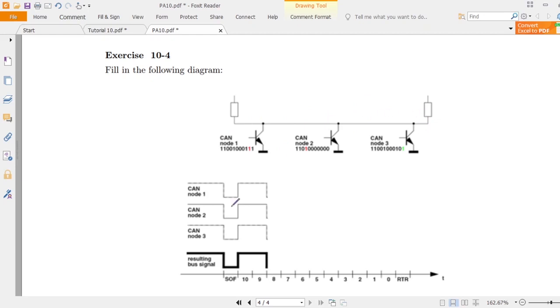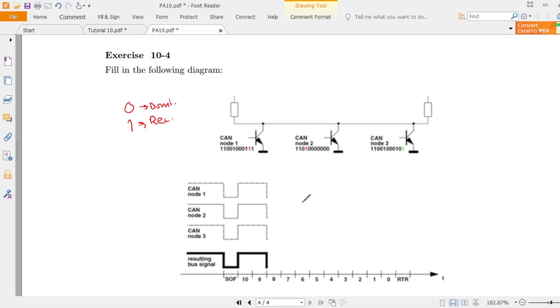So at the start of frame we have 11 bits until we reach the remote transmission request. In between we have a resulting bus signal from one of the 3 nodes, knowing that 0 is dominant and 1 is recessive, meaning that the 3 nodes all transmit together at the same time.